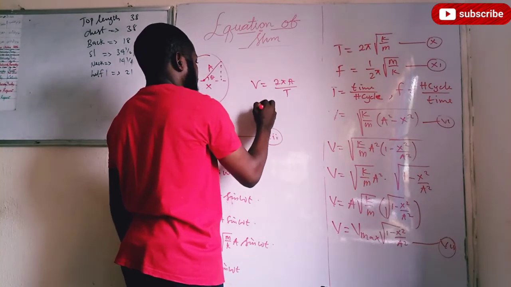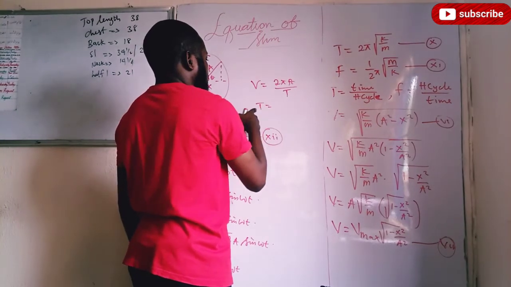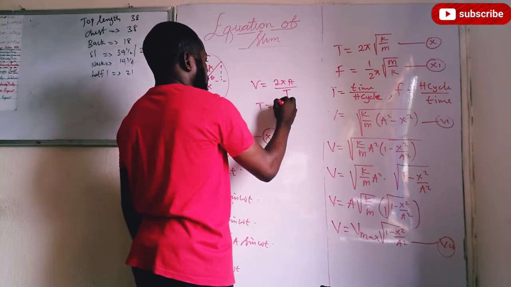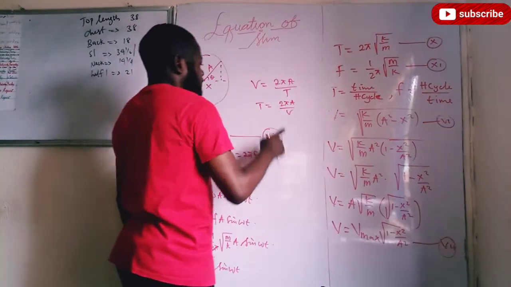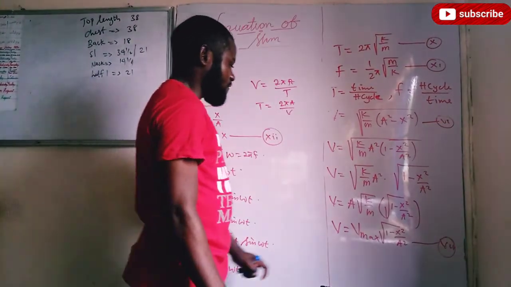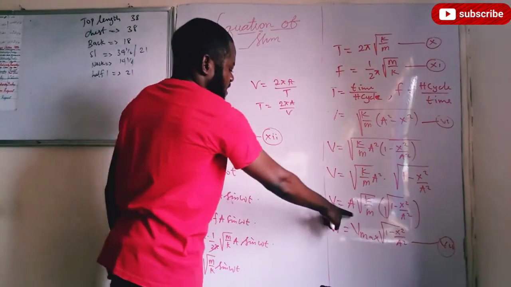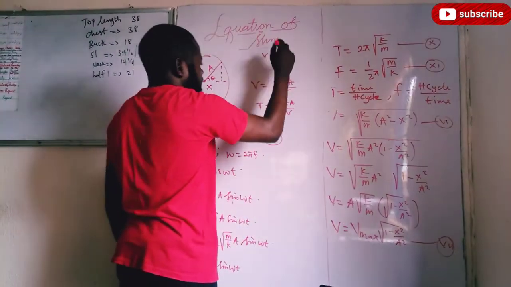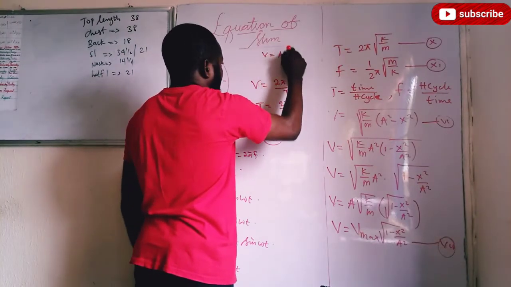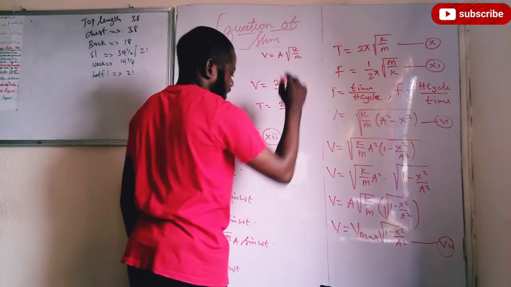If I cross multiply, I will have that T is equal to 2 pi A divided by v. I will make A the subject of the formula from here. We have that v is also the same thing as A square root of k over m.